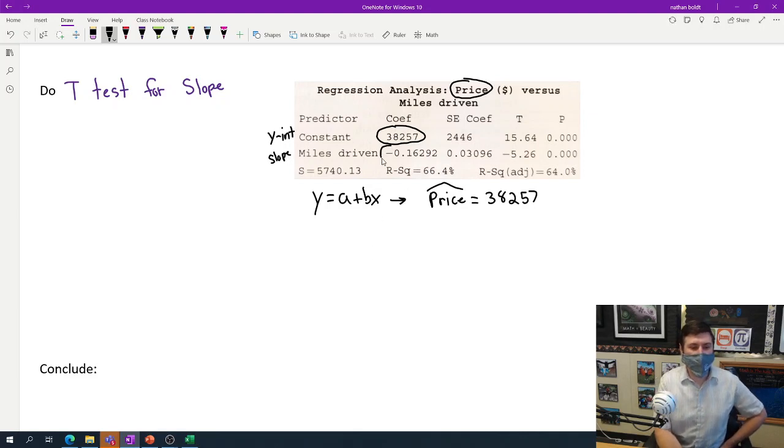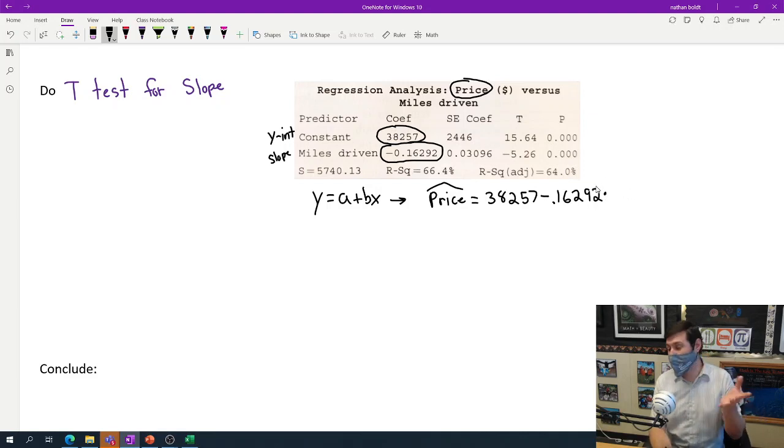The slope is right here, negative 0.16292 times, and again, you could put x if you wanted to, but I like putting the variables right into the equation, times the miles. So there is our regression equation.